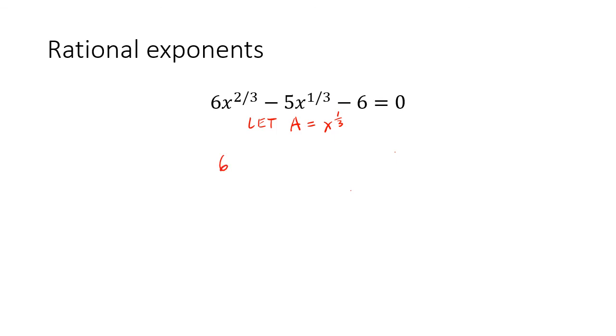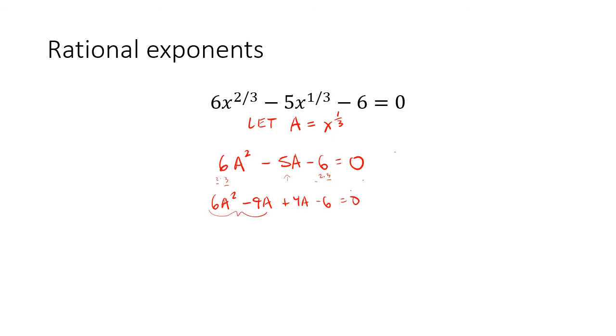We will have 6a squared, right? If I squared x to the 1/3, I would have x to the 2/3, minus 5a minus 6 equals 0, and we're just going to factor this like normal now. This is 2 times 3, this is 2 times 3. If I have a 9 and a 4, I can get a 5, and that's a negative 9 and a positive 4. So 6a squared minus 9a plus 4a minus 6 equals 0.